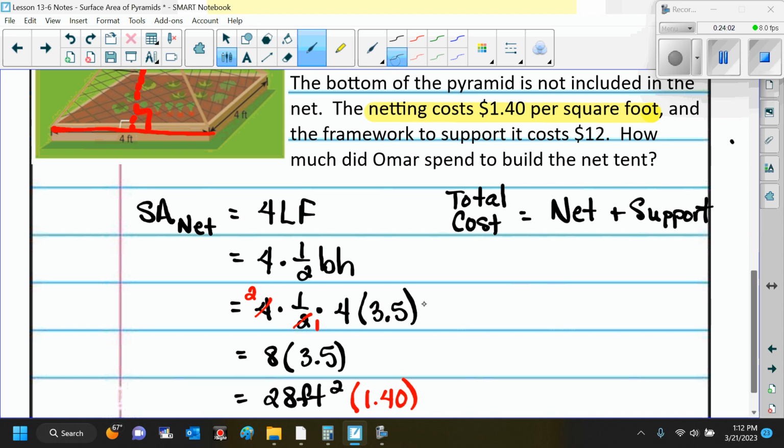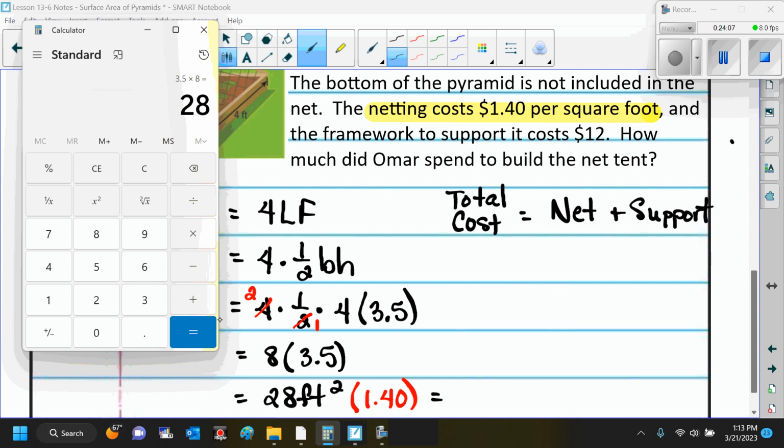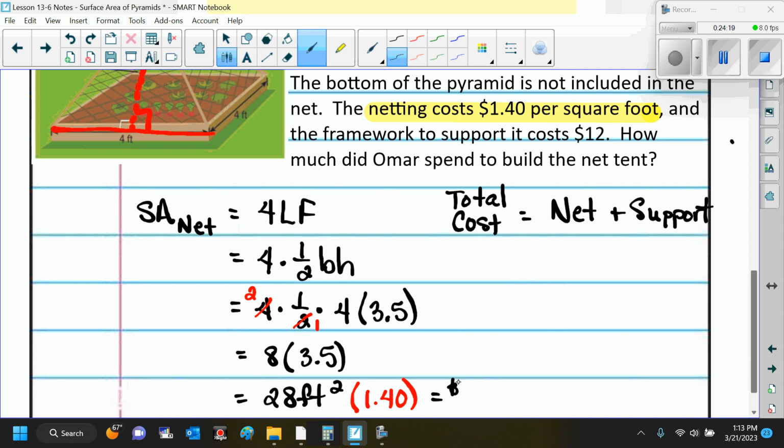And that's going to give us the cost of the net. So we've got the 28. We're going to multiply that times $1.40. And that's going to give us $39.20. Don't forget, you got to put a 0 over here, okay? So this is going to be $39.20. That's how much it costs for the net.